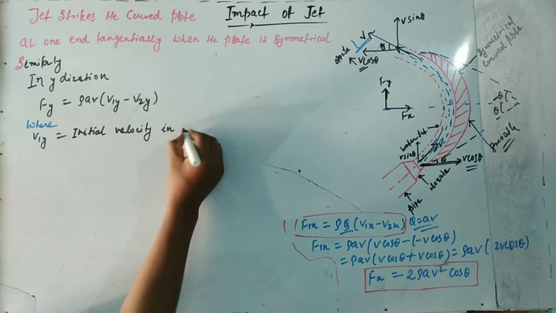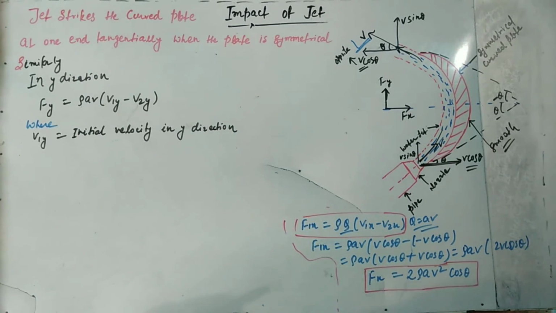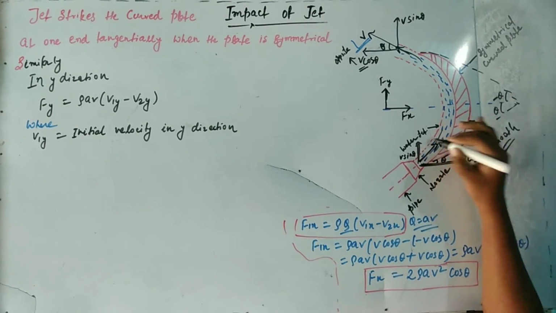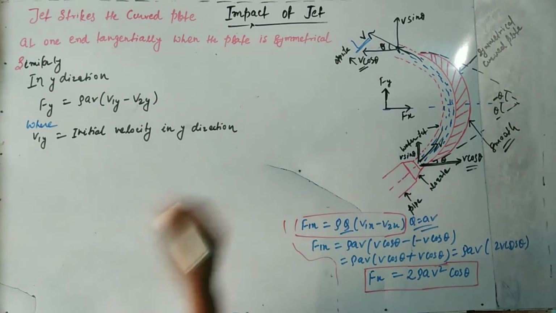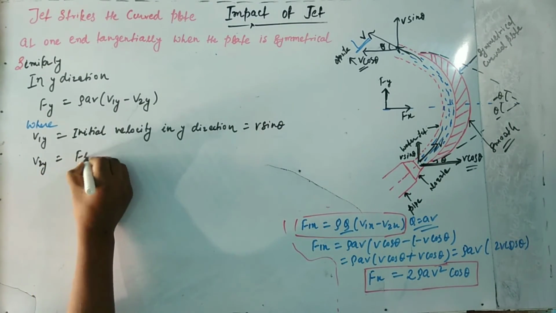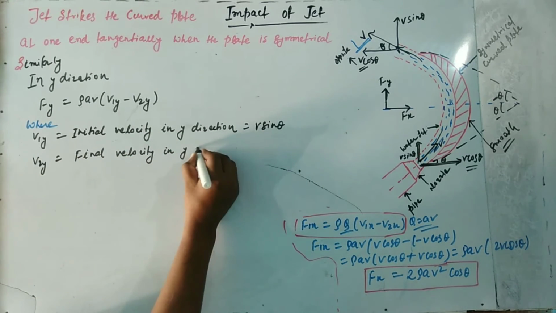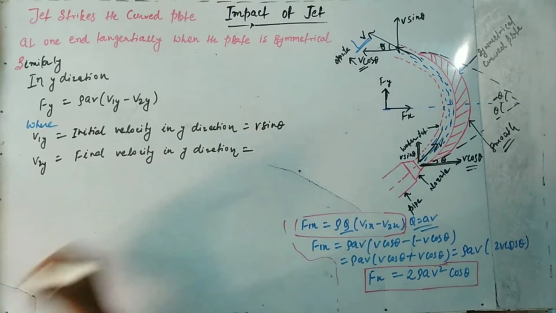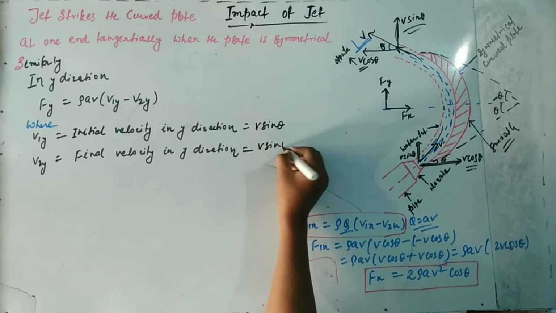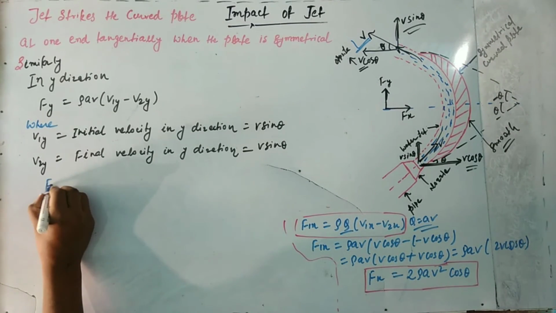So initial velocity in y direction is equals to v sin theta, that is perpendicular to the x. Next v2y. v2y is equals to final velocity in y direction. So final velocity in y direction is v sin theta also. So v2y is equals to v sin theta.